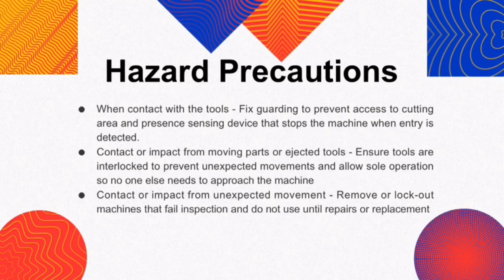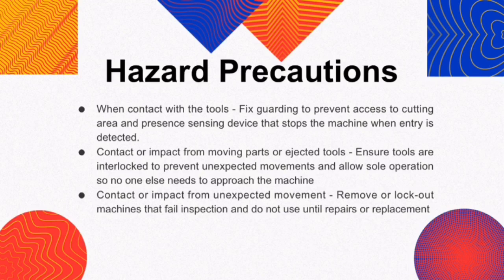Second is about contact or impact from moving parts or ejected tools. For the precaution, we can ensure tools are interlocked to prevent unexpected movements and allow sole operation so no one else needs to approach the machine.